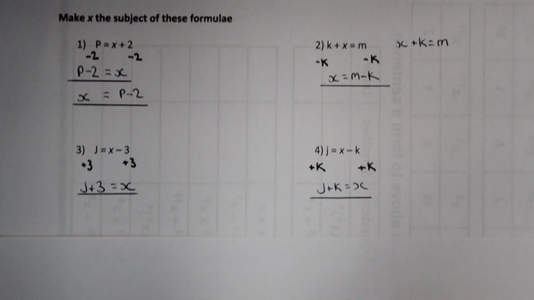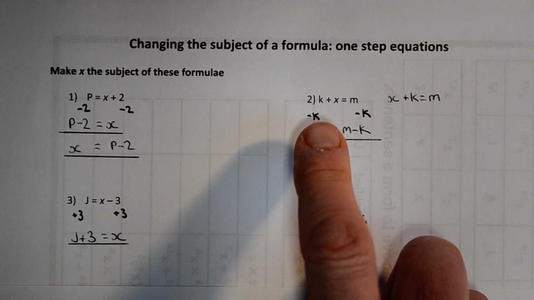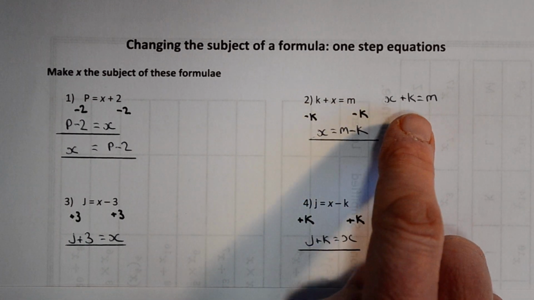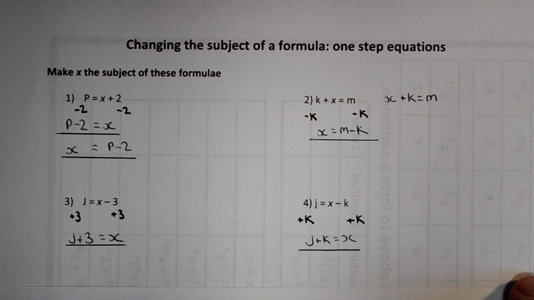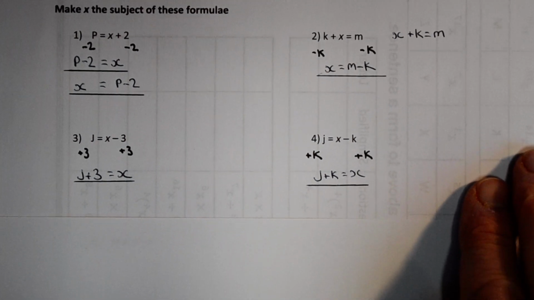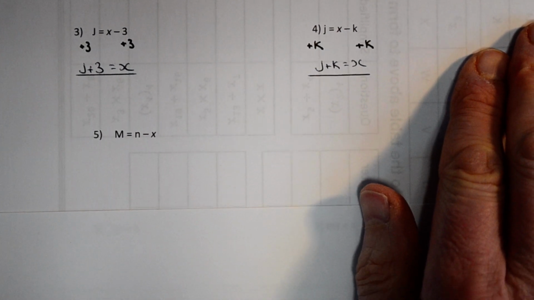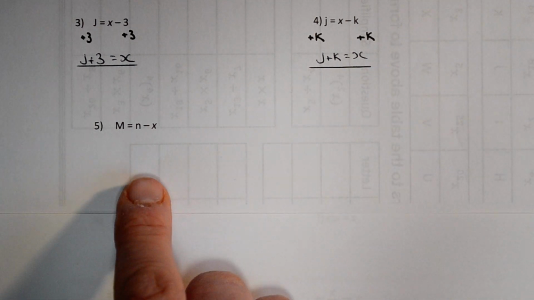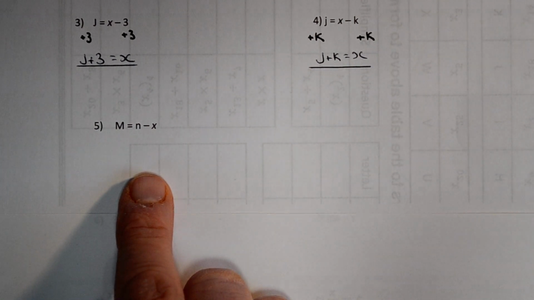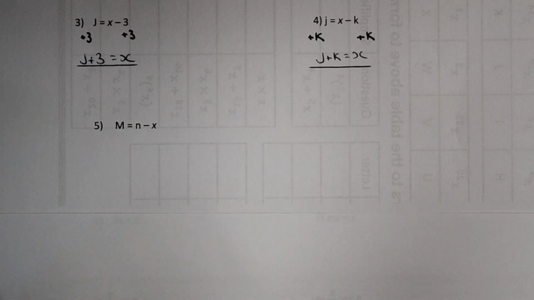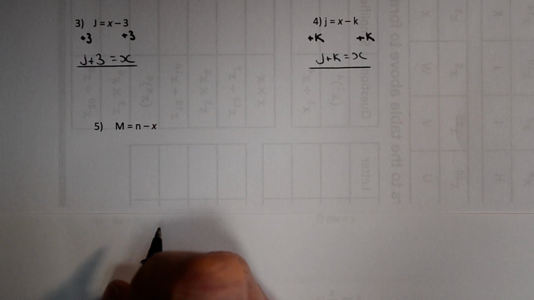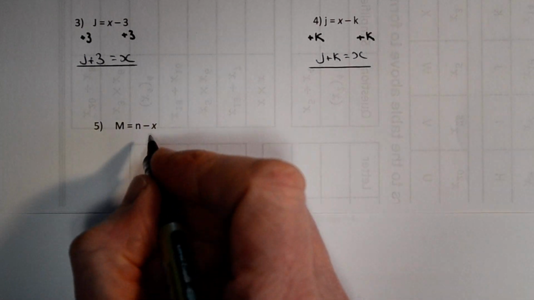Now, in this one here, we looked at what happens when we have the letter add x, and we decided it doesn't matter which way round it is, it's the same thing. But when we subtract, if we subtract x, then that makes a difference. And so let's just have a look at when we're subtracting x. Easiest way to deal with this is to add the x to both sides.